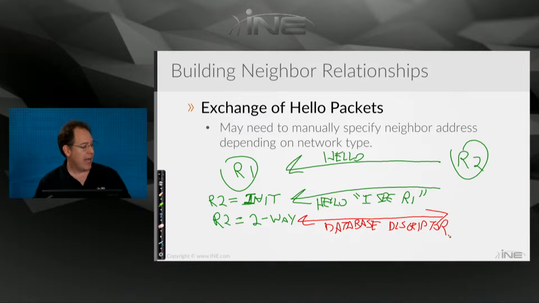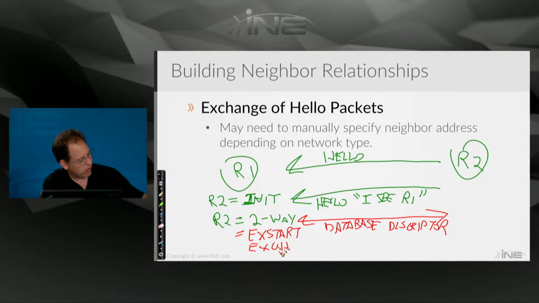And so now, as we're exchanging database descriptors, we're going to move through two additional states. We're going to move through the ExStart state and the Exchange state. Sorry for my sloppy handwriting here.